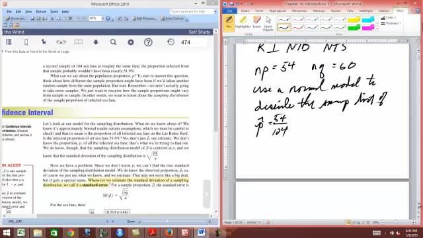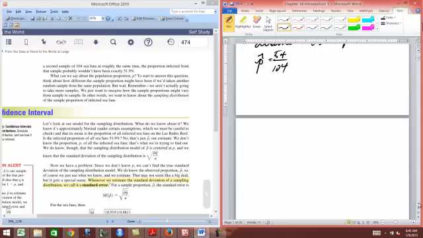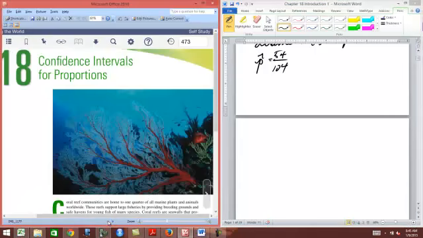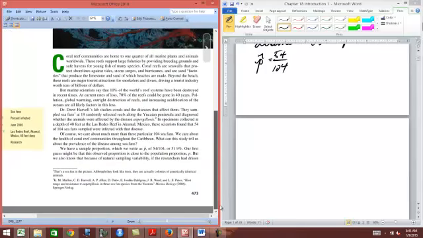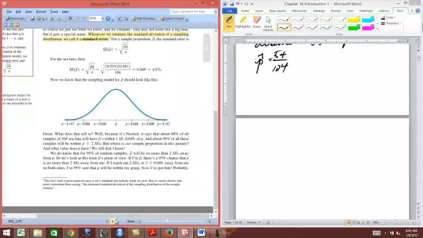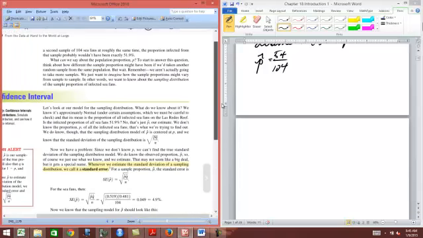So, statisticians use something called a standard error. Here we are on the next page. Okay. Now, what, pray tell, is a standard error?